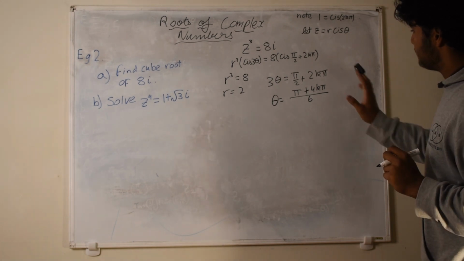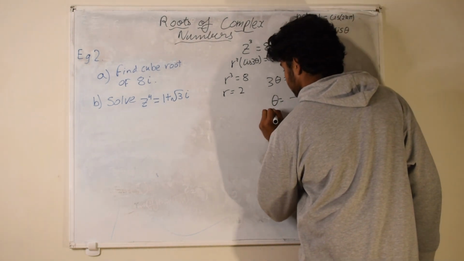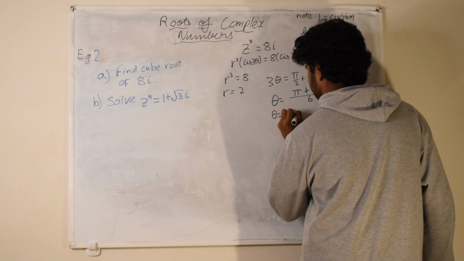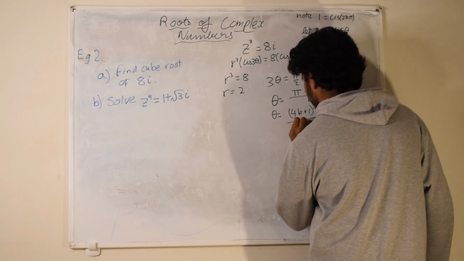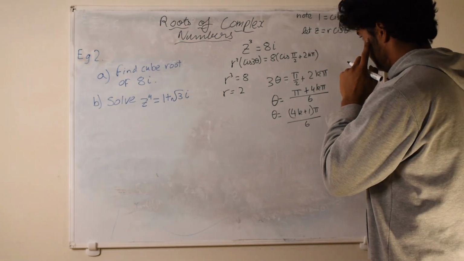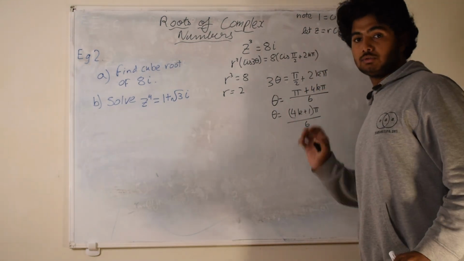We can factor out the pi. Theta is just (4k plus 1) pi upon 6. So that's what theta equals.